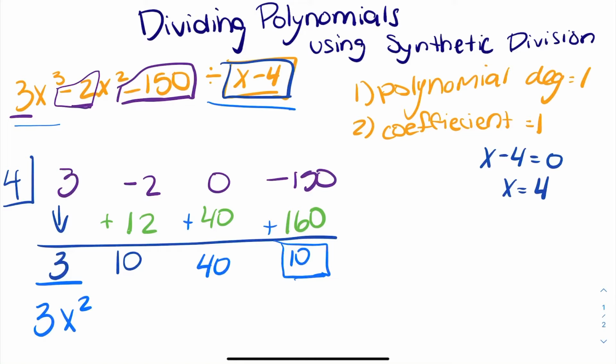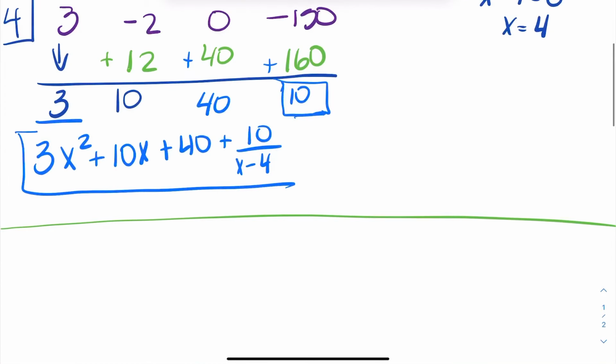Then you just go down the ladder, and you have 10x plus 40, and then 10 is your remainder, because that's what was left over as you were dividing. So it's going to be 10 over what you had in the original denominator, which is x minus 4. And then that is your final answer.